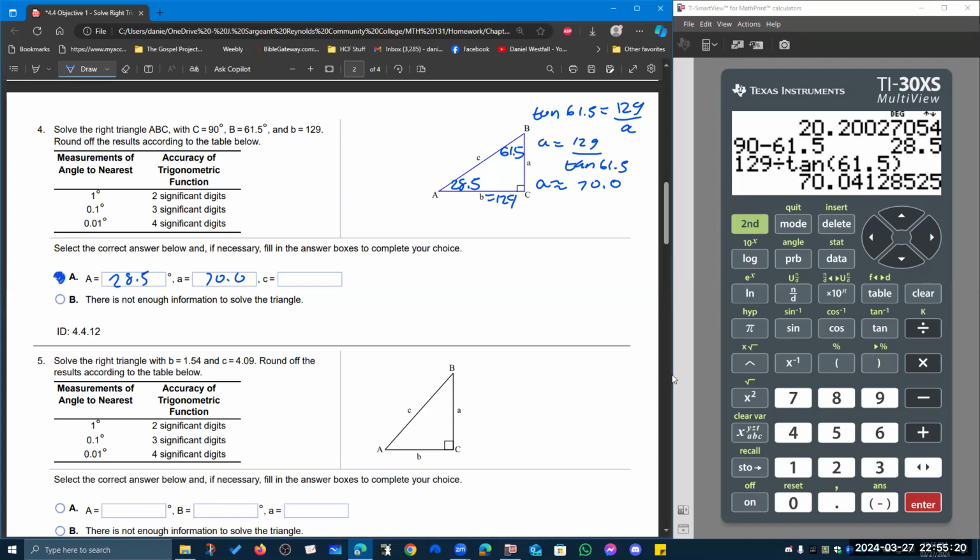And opposite over hypotenuse is going to be sine. So sine of 61.5 equals 129 over C. C is 129 over sine of 61.5.